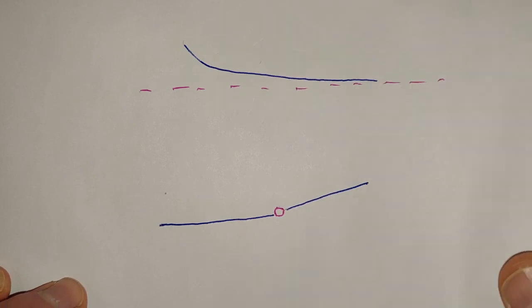Okay, now holes occur in rational functions, just like asymptotes do. All right, now when there's a common factor for x in both the numerator and denominator, a hole will be present. So let's look at an example.